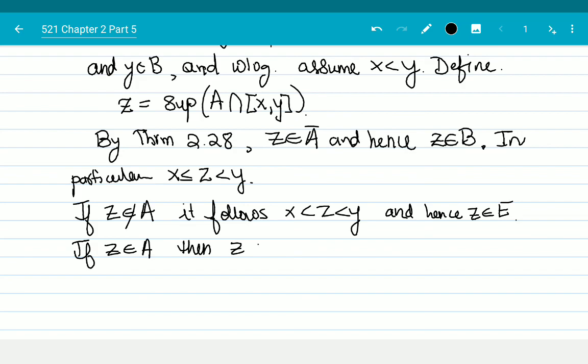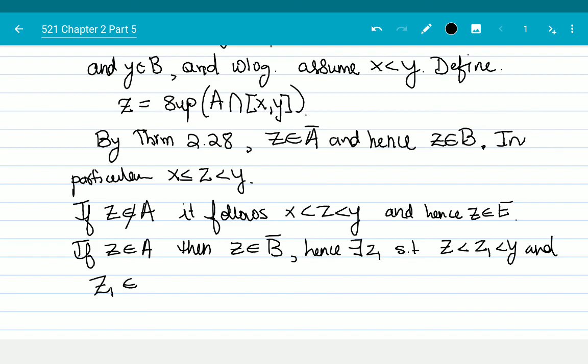If Z does indeed belong to A, then Z does not belong to B bar, right? Because these sets are separated. Hence, there exists a Z1 such that Z is smaller than Z1, smaller than Y, and Z1 is not in B. Then X is smaller than Z1, smaller than Y, and Z1 is not in E as required.